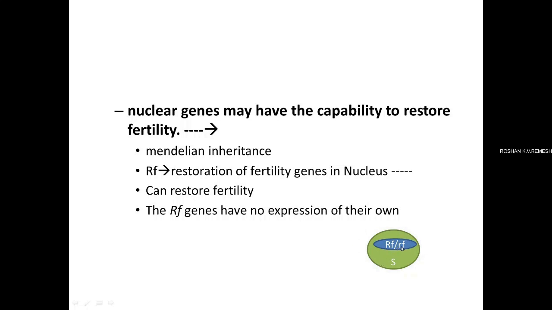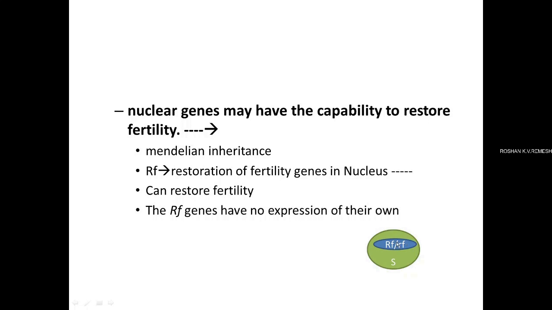You know that these nuclear genes or RF genes are inherited in accordance with Mendelian inheritance. So if there are two copies of the functional RF, then definitely it can restore the fertility. If the RF gene is heterozygous, then also it can restore the fertility.